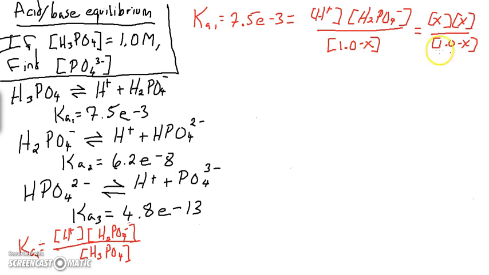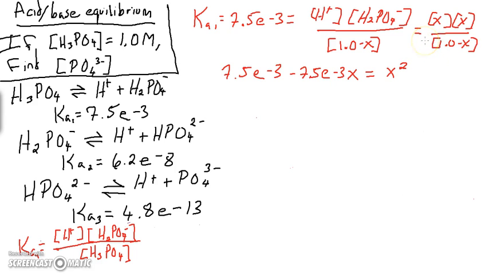So first of all, I get the 1 times the 7.5 e negative 3, which gives me 7.5 e negative 3. And then the second part is the 7.5 e negative 3 times the negative x. This is a minus 7.5 e negative 3 x, and then equals what's left over on the top here, x times x, which is x squared.